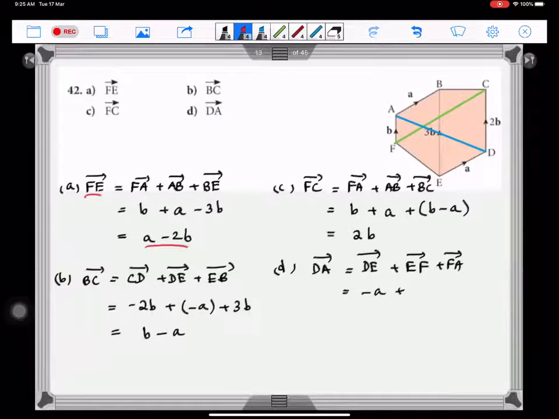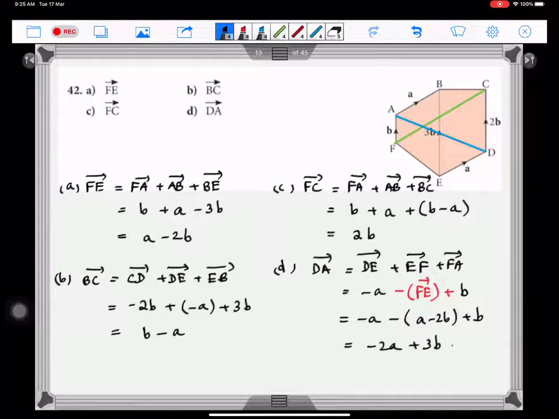So EF would be opposite of that. So it should be minus of FE. Let me write it in step. Plus FA. What is FA? FA is B. So this is minus A minus FE is A minus 2B plus B. This is minus 2A plus 2B plus B plus 3B. So that's how the working is done. Okay, let's move on.